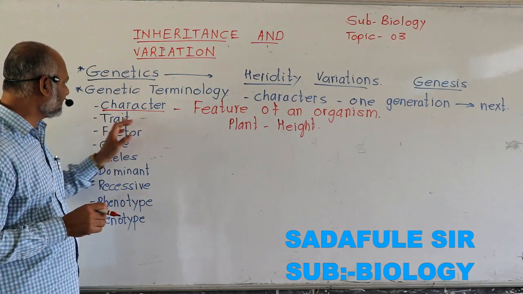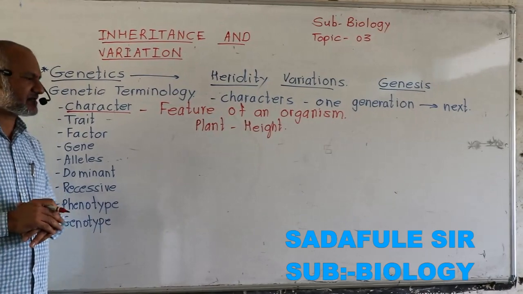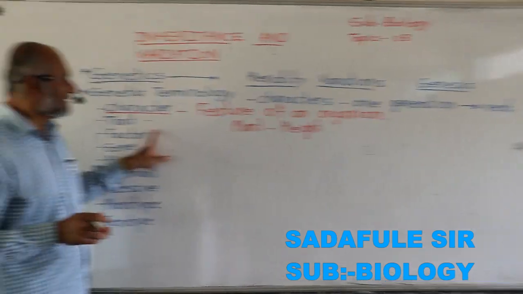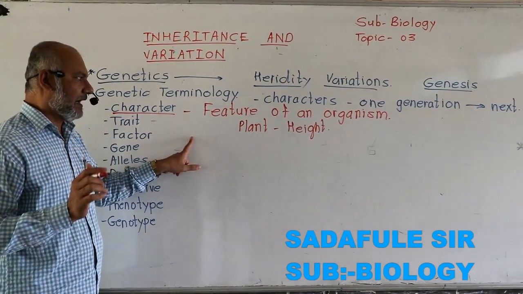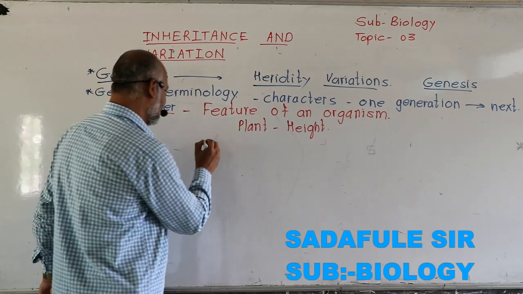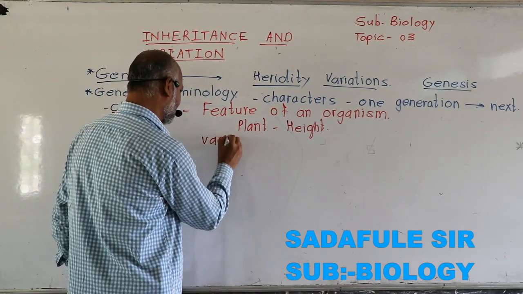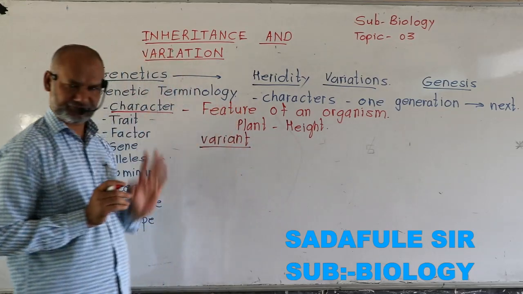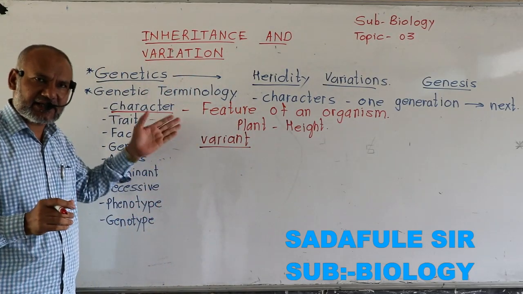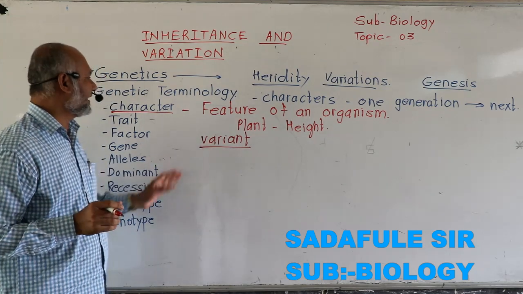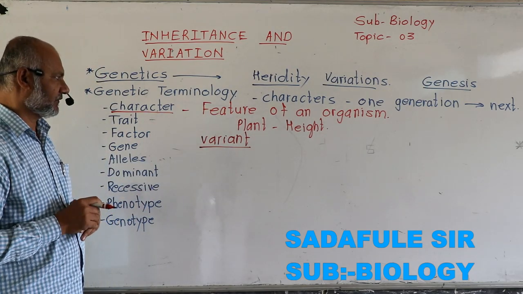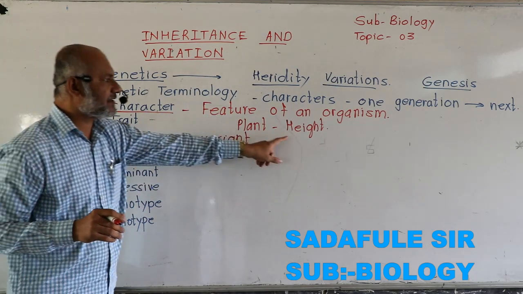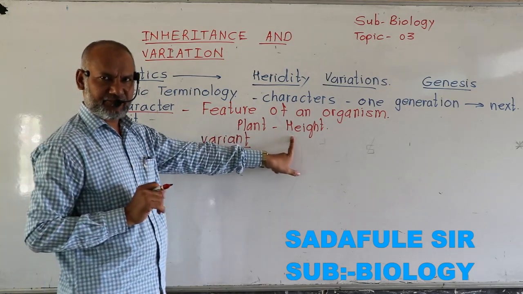Then the second term is trait. Now what is trait? Trait is the inheritable and detectable variant of a character. Suppose height of stem is the character.